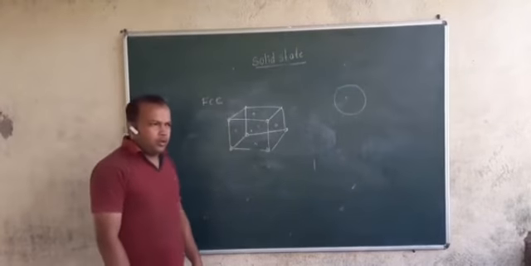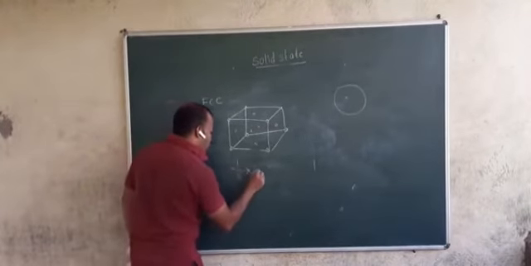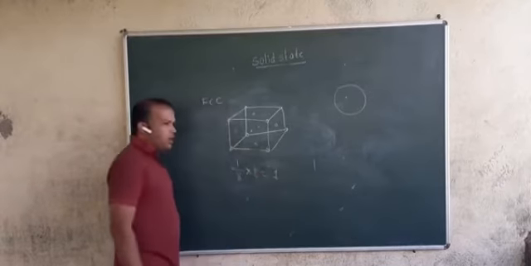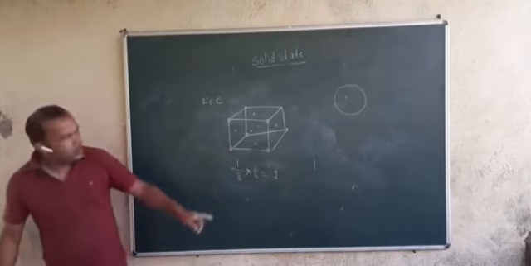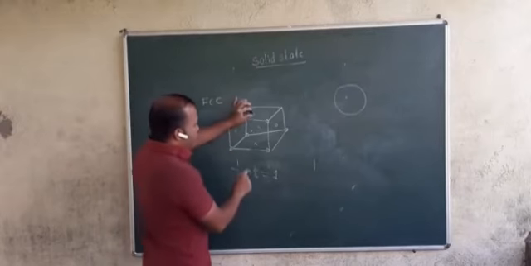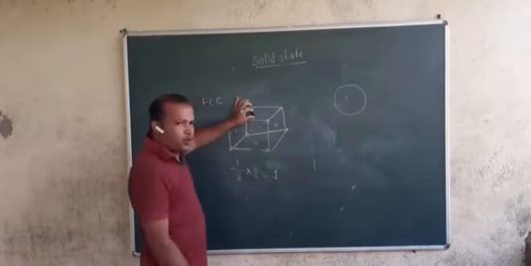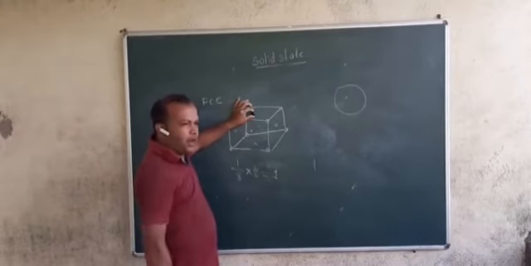As you know, at corners, that is 1/8 of 8, that is 1. And at a face, suppose this is the upper face and this is a constituent particle. So this constituent particle I am keeping here. So half of the constituent particle will be inside that cube and half will be outside.